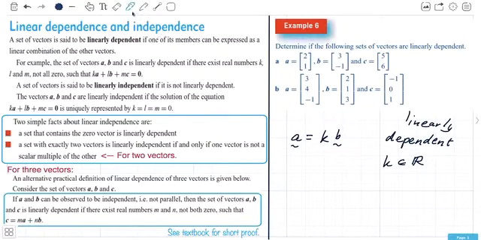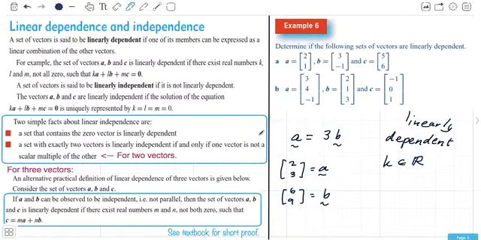What that could mean, particularly, is perhaps A is 3 times B. So maybe if A was written as a column, it was 2 and 3. Maybe B is 3 times that, so you'd have a 6 and a 9, like that. So what dependence is really saying is that one of those vectors is actually dependent on the form of the other to give its expression.